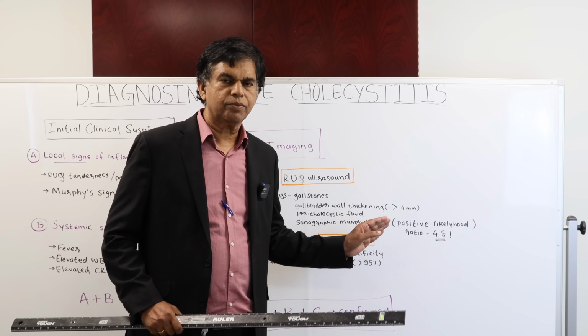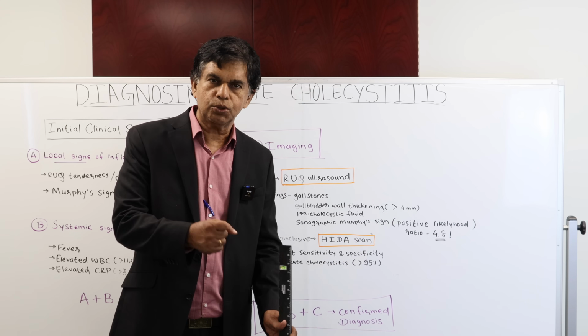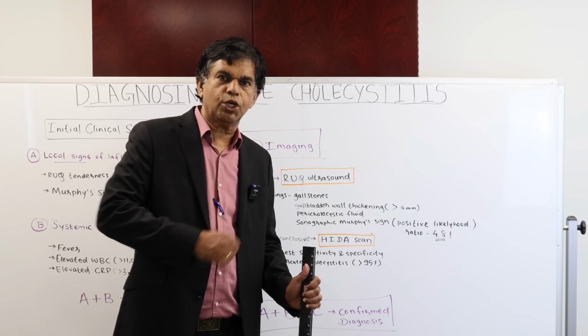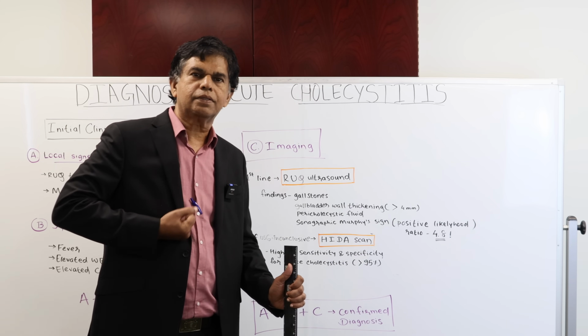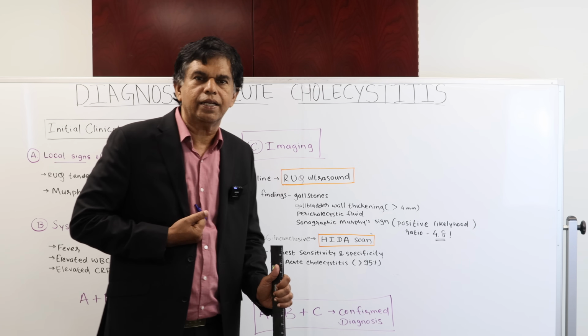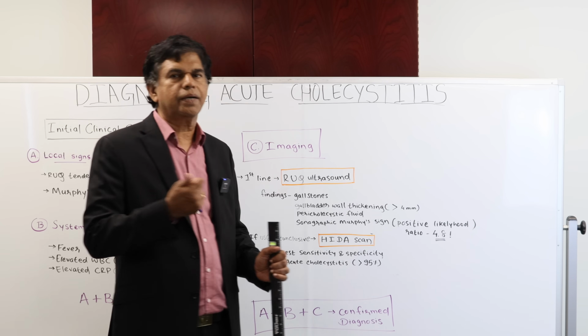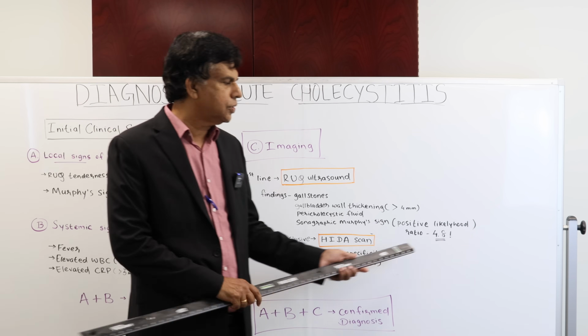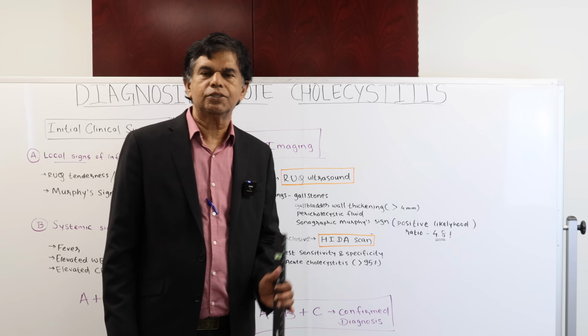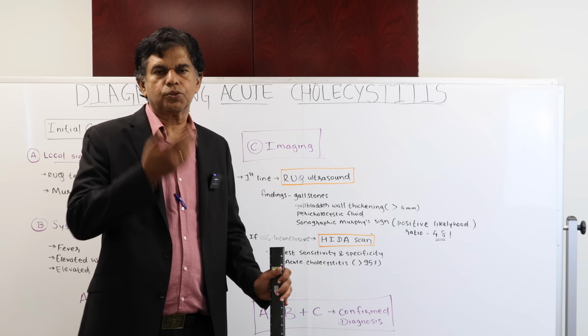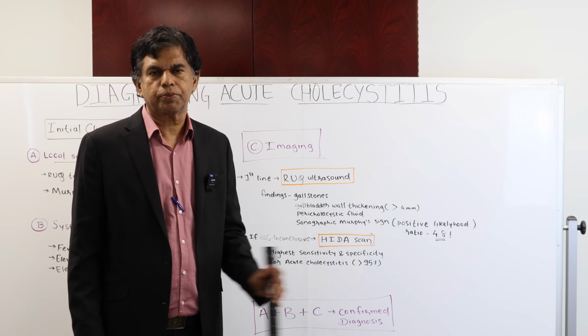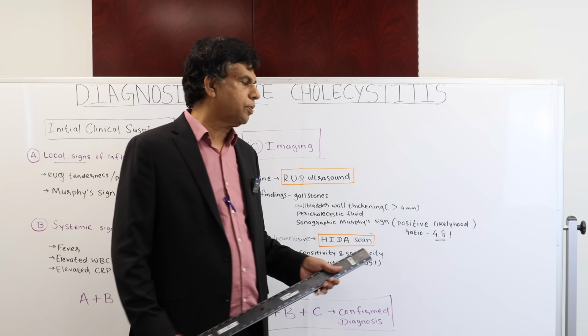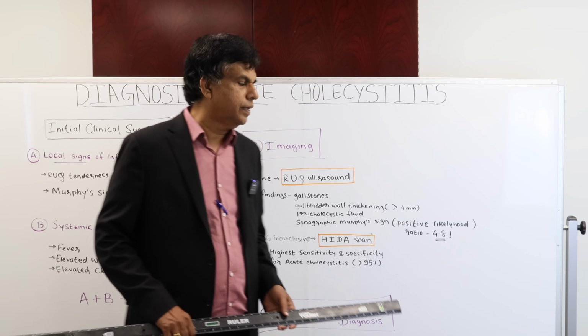Sonographic Murphy sign is when the person doing the ultrasound puts the gel, uses the probe, and tries to push it in, and the sonographic Murphy sign is positive. You got a ratio of 4.8. That means your odds have gone up like 20-25% higher. This person can have it. The pretest probability will go up really high.